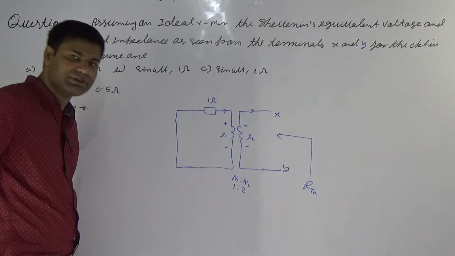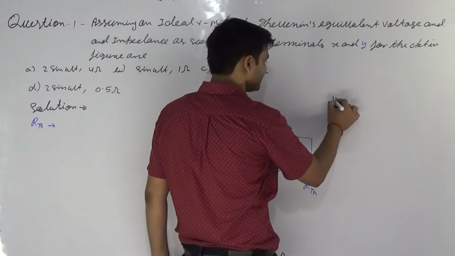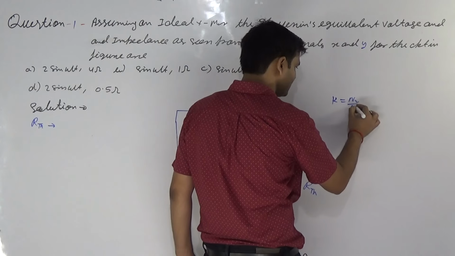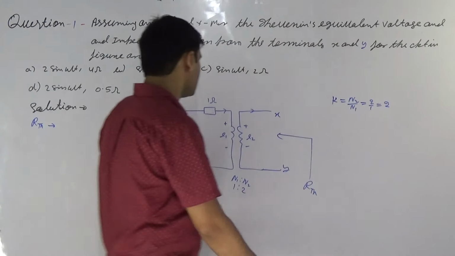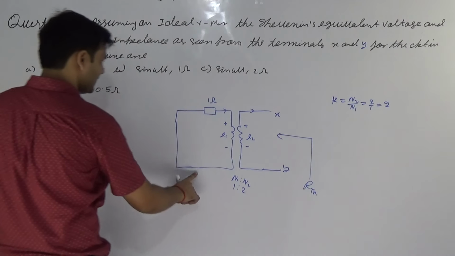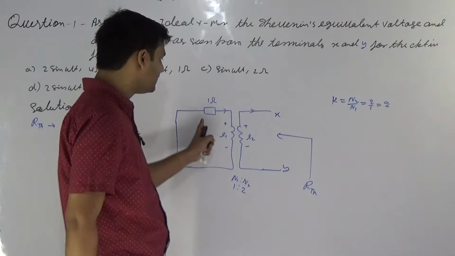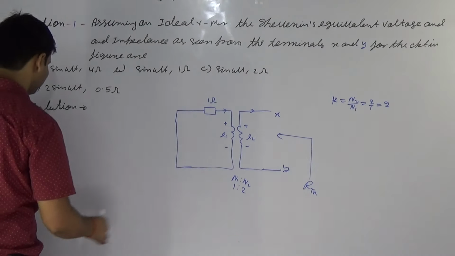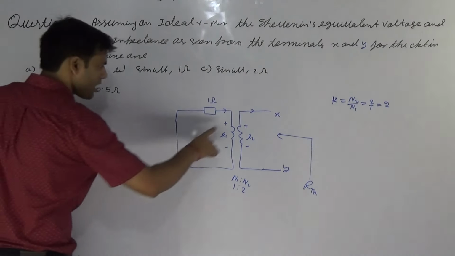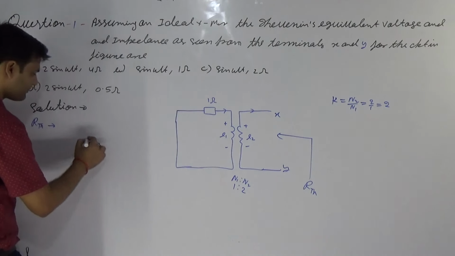N1 is to N2. What is K? N2 divided by N1 equals 2 by 1, this is 2. This is the primary side and this is the secondary side. If this one is referred to the secondary side, then what is the impedance of this circuit?